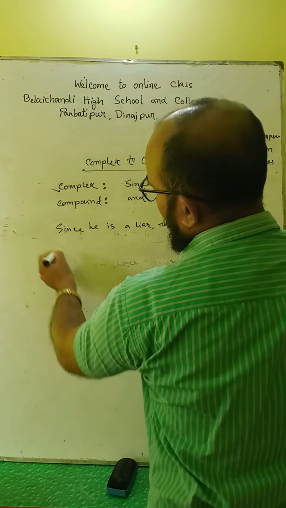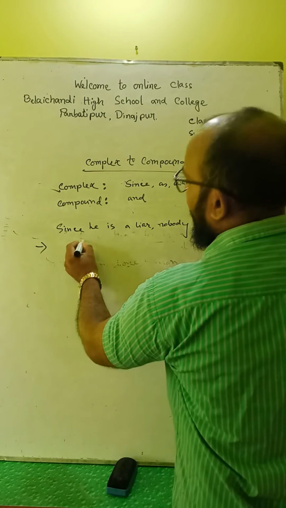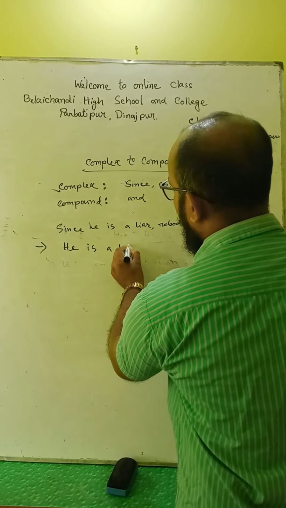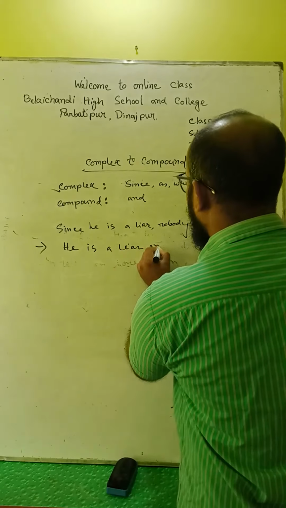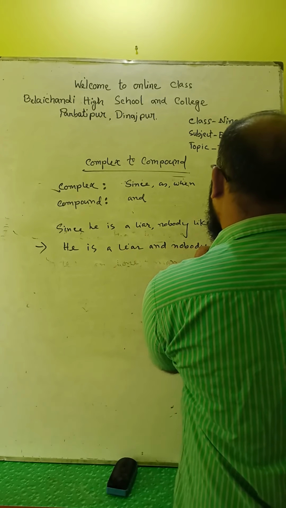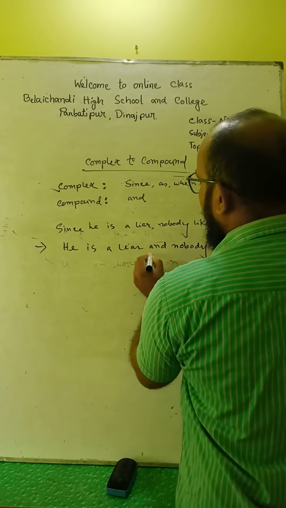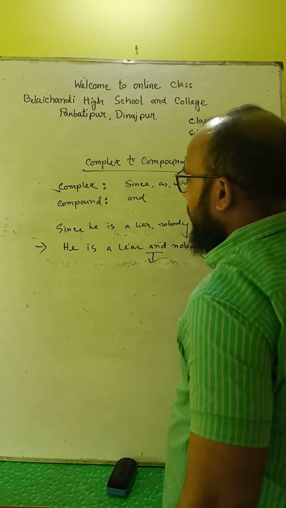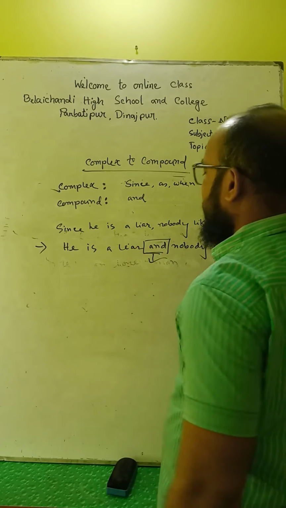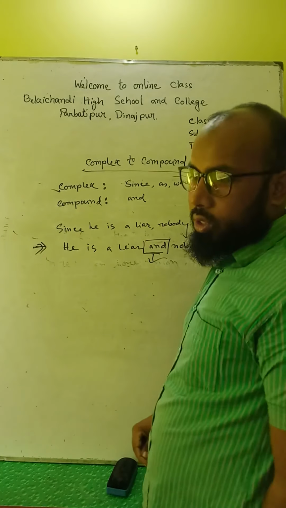Now we will make it compound. He is a liar and nobody likes him. Here we used and as a connector in this sentence, so it is a compound sentence.